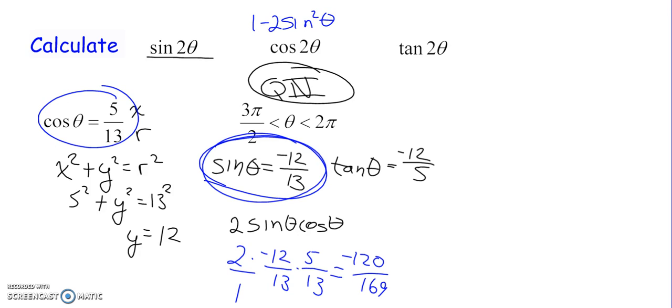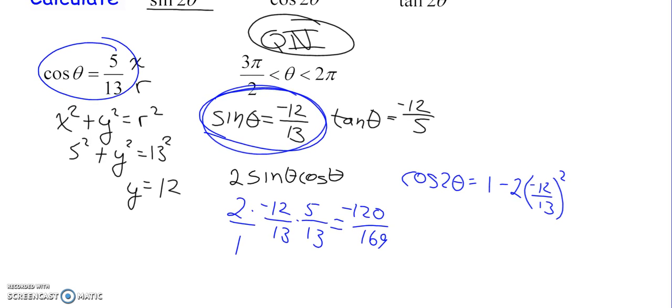I'm going to substitute it in. To get cosine 2 theta, all I do is substitute in, and I do 1 minus 2 times negative 12 over 13 squared. And negative 12 over 13 squared is going to be 144 over 169. So 1 minus 2 times that, sorry.